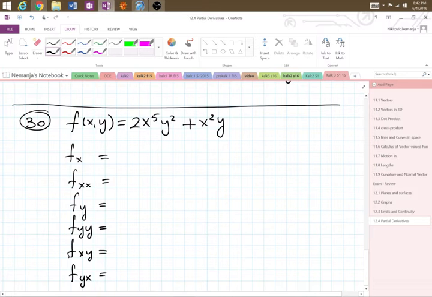Remember yesterday when we had contour maps? You take the derivative in respect to y. So when you do this derivative, you take from here in respect to y.